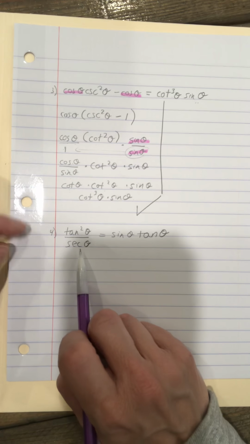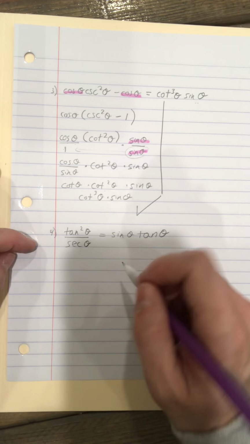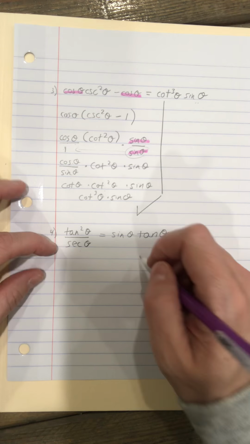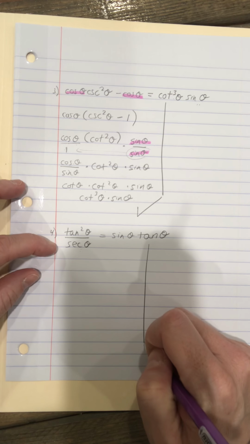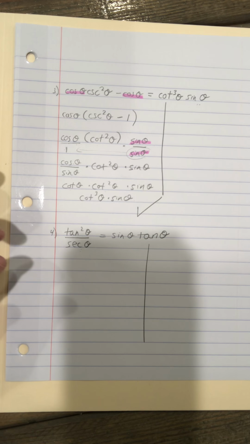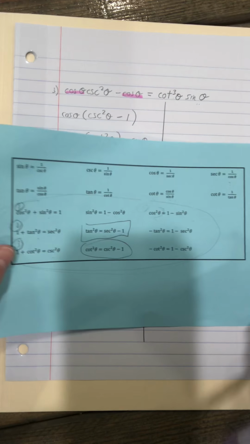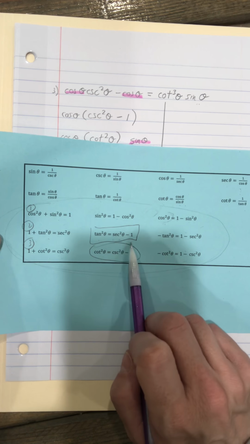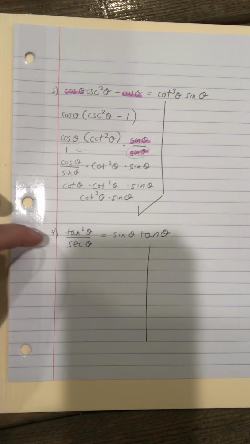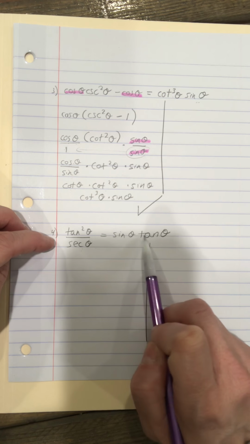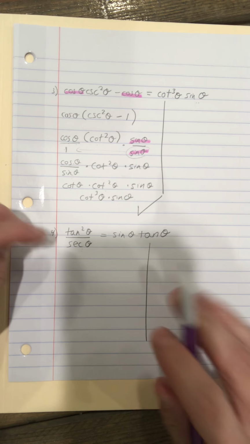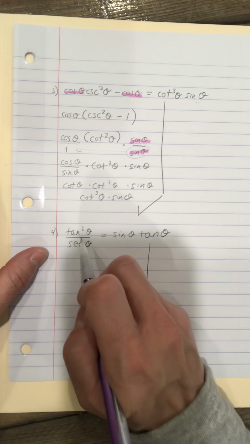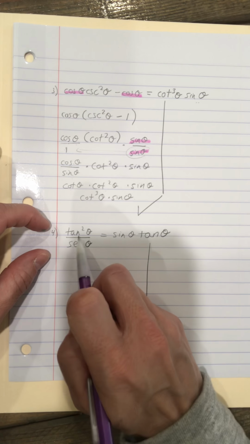Now, what we want to do here is, when we take a look at this, I see tangent squared theta over secant theta. If I want to simplify that side, I do not think I want to expand it to a trig identity because I don't want to add an addition or subtraction sign. So in an example like this, when you don't want to add an addition or subtraction sign, your best strategy is to go to sine and cosine and cancel out what we can.